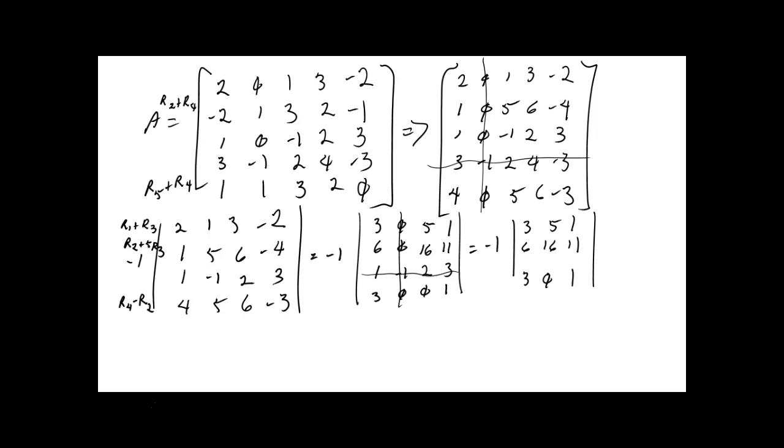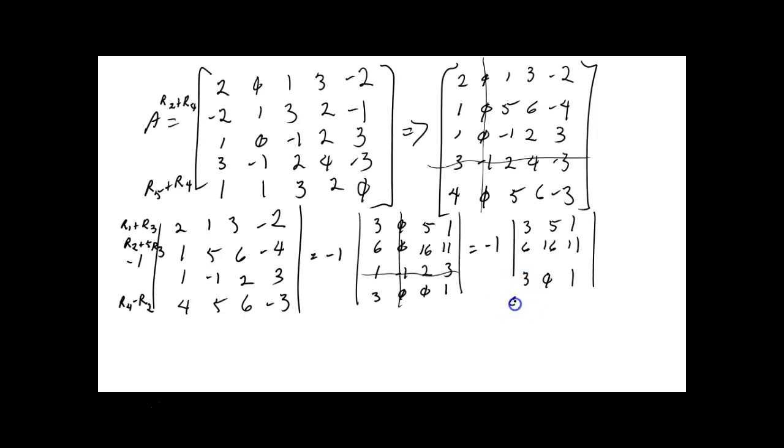We do our column too, but back and forth, columns, rows, it doesn't matter. So how about column 1 minus 3 times column 3? Does that work for us? Yay or nay? Yeah, that would do. And then I think we're down to something fairly close.